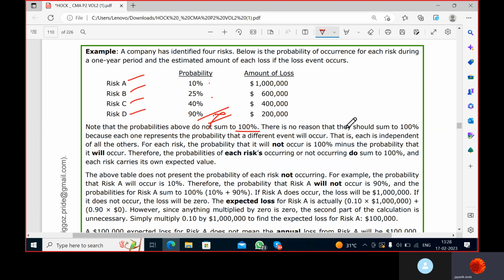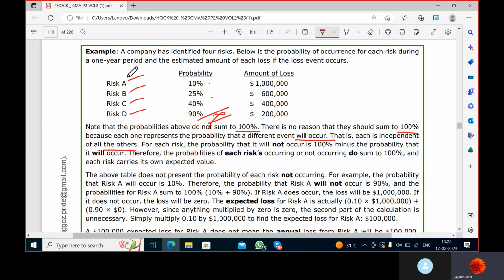There is no reason that they should sum to 100%, because each one represents the probability that a different risk will occur. If A occurs by 10%, the chance of B occurring is 25%, the chance of C occurring is 40%, and so on. Each is independent of all the others.